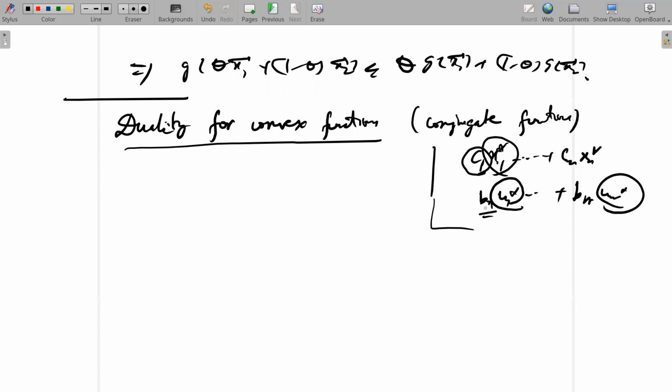But before that, let me first even define what a dual of a convex function will be. So let's say this is a convex function defined over all of Rn, but you can also try to restrict to omega.